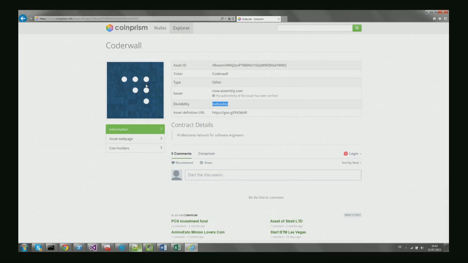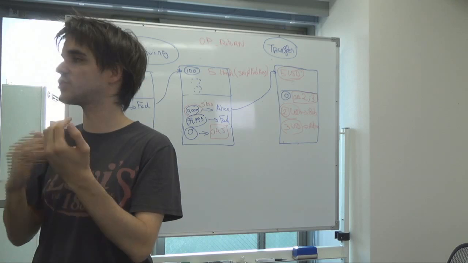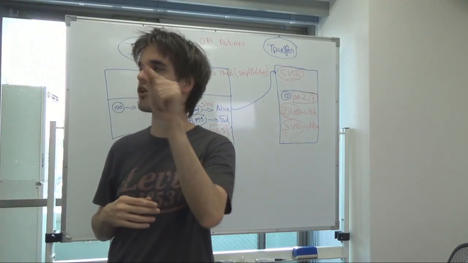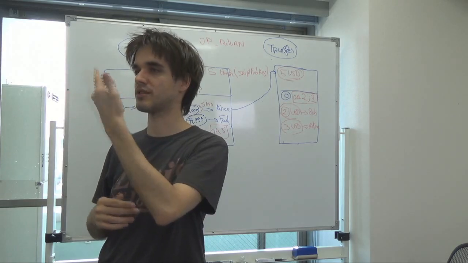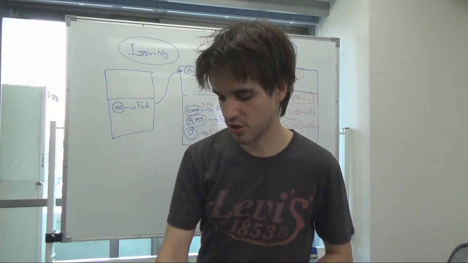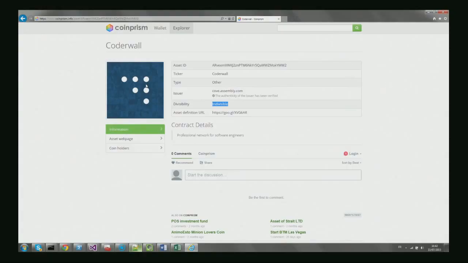You see that the divisibility is indivisible. In fact, the divisibility is for the user interface. For example, the divisibility of USD is 2 because the smallest amount of USD you can have is 0.01. And can I show the code?